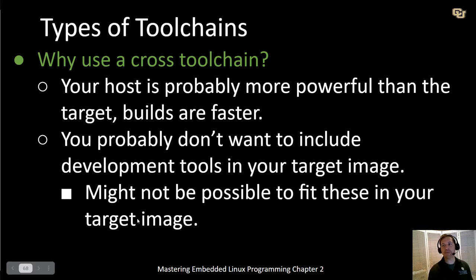So why would you use a cross toolchain? There are a couple of different reasons the book goes into, but in general, your host is probably going to be more powerful than your target, so your builds are probably going to be faster from your host machine. You also probably don't need all of your development tools hosted on the image you use for your embedded target. There's probably no reason to ship a full compiler with your embedded device, and maybe you don't even have the space to fit that in your device to begin with.